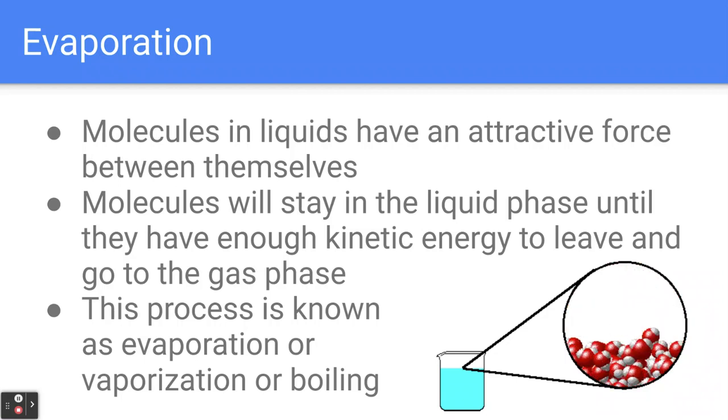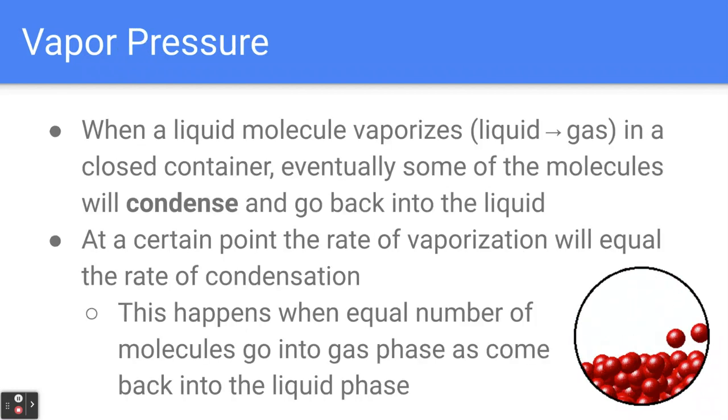And that's because no matter what conditions we have, for the most part, any liquid that we have is going to have some of those particles jumping out of the liquid phase into the gas phase and going off into the atmosphere. And so down there in the bottom right, you can see that most of the particles are staying in the liquid phase, but we do have a few that get enough energy to shoot out of the liquid phase into the gas phase.